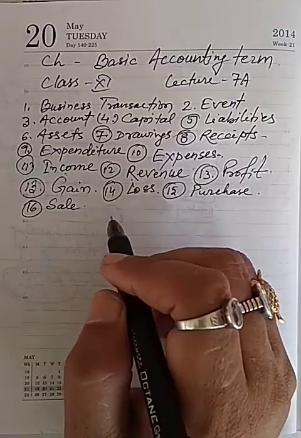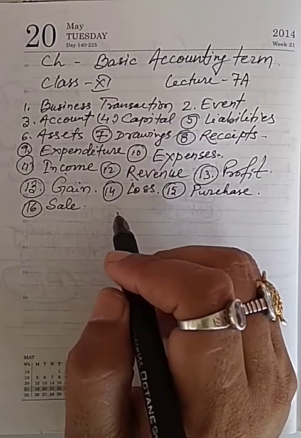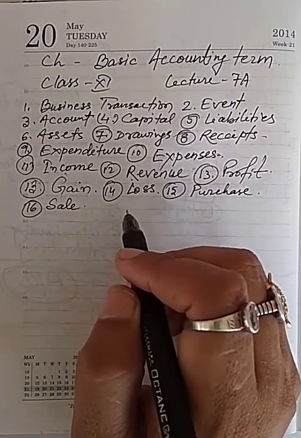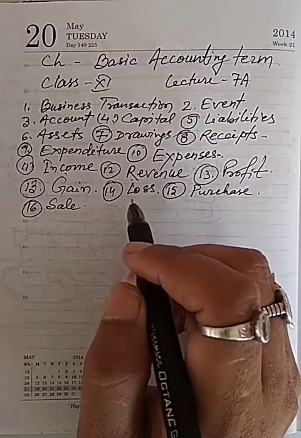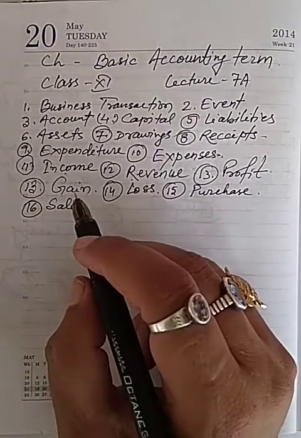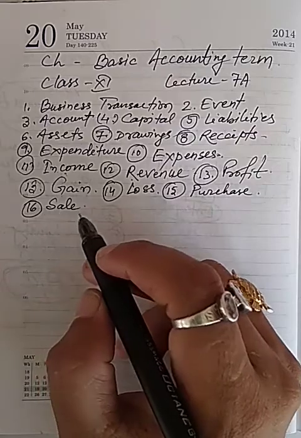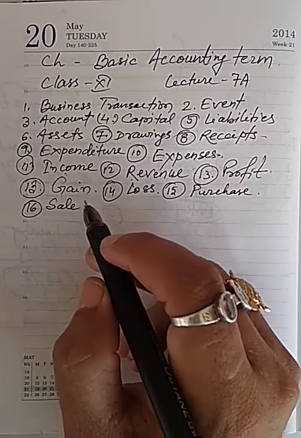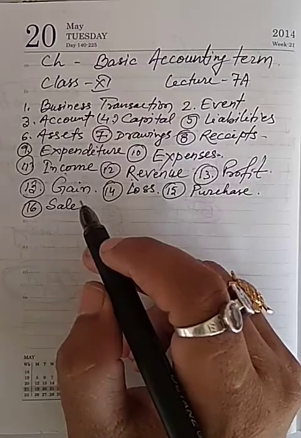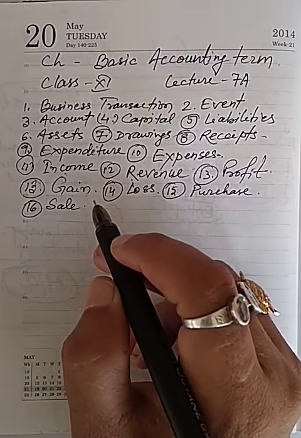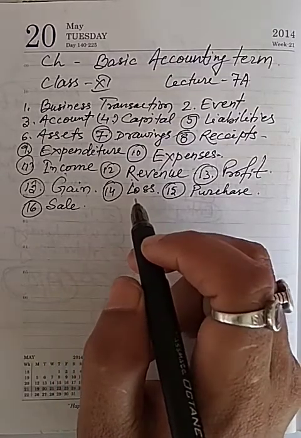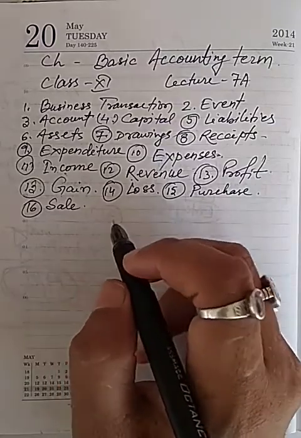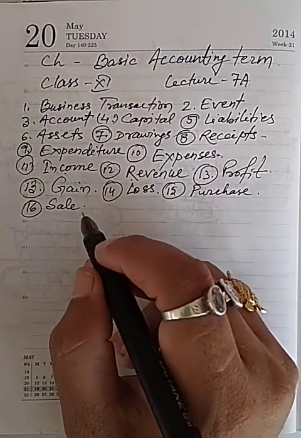For example, if Ram sells a computer to Shyam, the ownership of the computer will be transferred from Ram to Shyam, and Ram is entitled to receive the agreed price of the computer from Shyam.